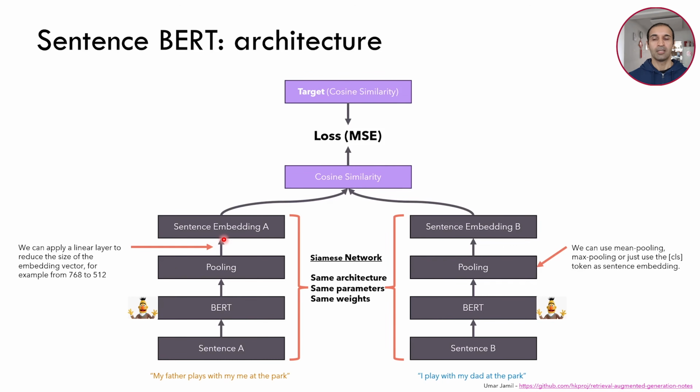In the sentence BERT paper, they not only use the mean pooling that we used, so calculating the average of all the tokens output by BERT to produce one vector that represents the meaning of the entire sentence, but they also use max pooling. Another technique they use is the CLS token. If you remember, the CLS token is the first token that we give as input to BERT, and it's also the first token output by BERT.